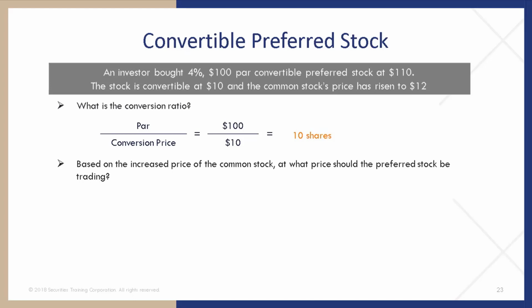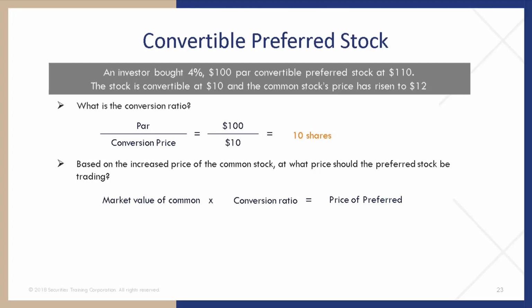Now, second, based on the increased price of the common stock, at what price should the preferred stock be trading? Well, the common stock conversion price is 10, but the common stock price has risen to 12. So what should that stock be trading at? And here's how we calculate it. We take the market value of the common and multiply that by the conversion ratio.